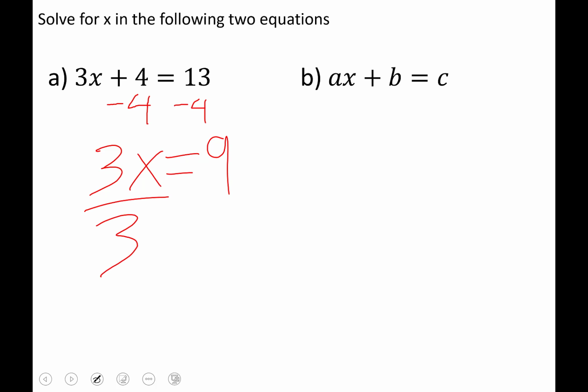Divide both sides by 3, and I get x is equal to 3.